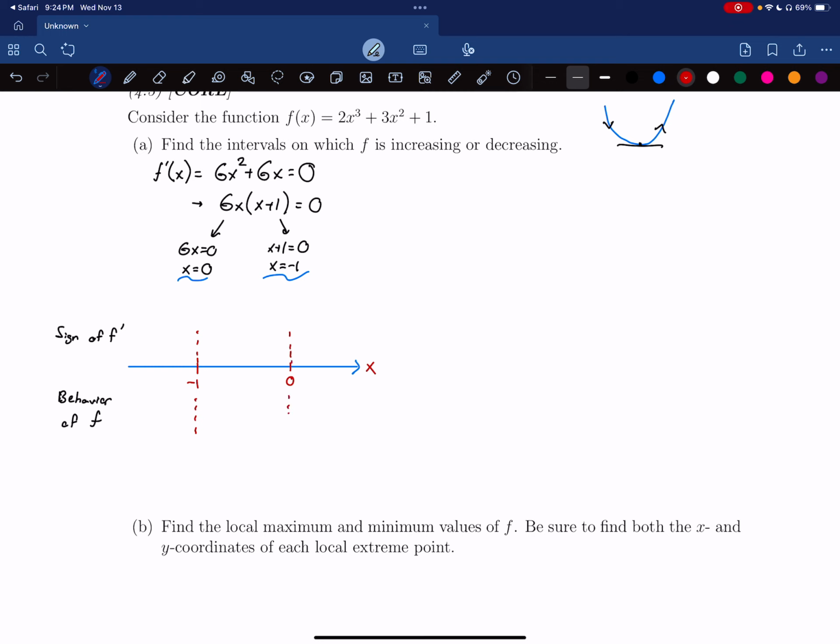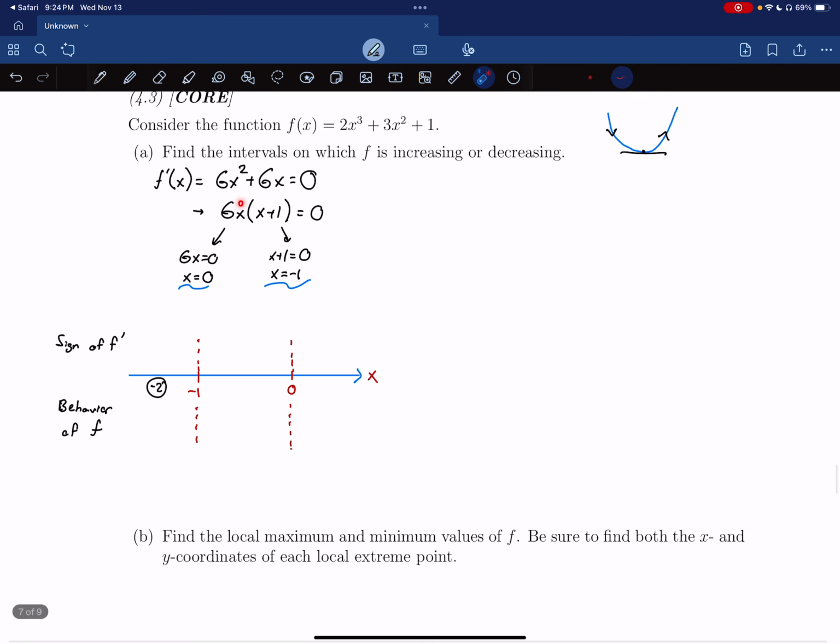All right, so what I like to do now is we have these three regions. We can plug in test points for each of those regions and determine whether the sign of f prime is going to be positive or negative. So let's just say we have a value of negative 2 over here. Now, the way I like to do it is when we have this factored form, these two factors, I just consider each of them individually and then determine if it's positive or negative, and I'll show you how that works.